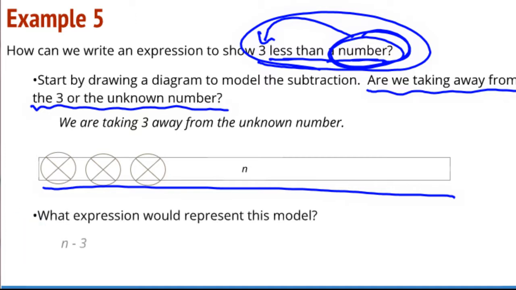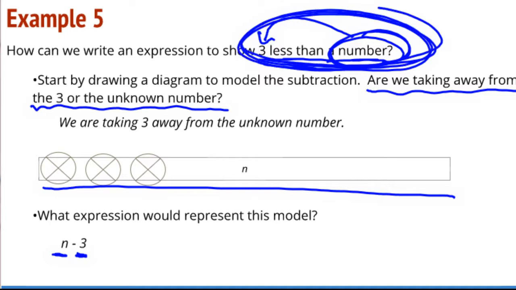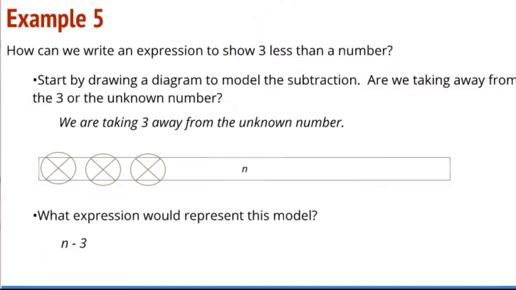So an expression for this would be, I have a number, and I am 3 less than that number. I have taken 3 away from it. Like I said, this one is one that really gives students trouble. You're going to want to really think about any situations you run into that involve 3 less. And not just 3 less, but any number less.